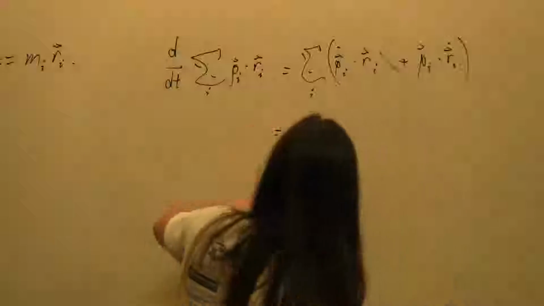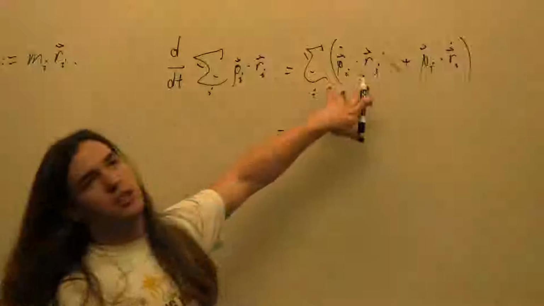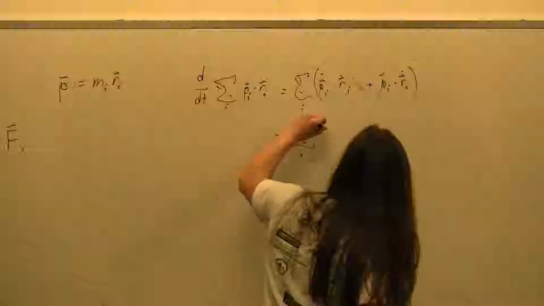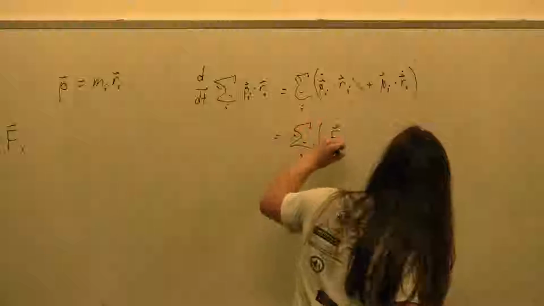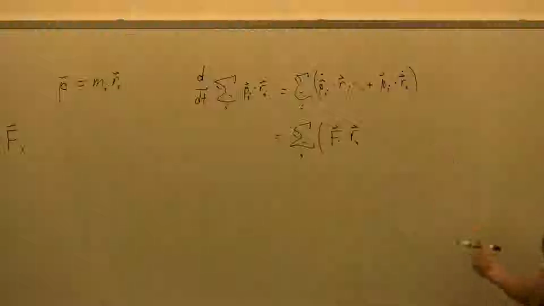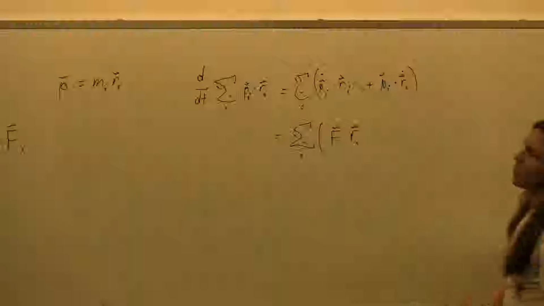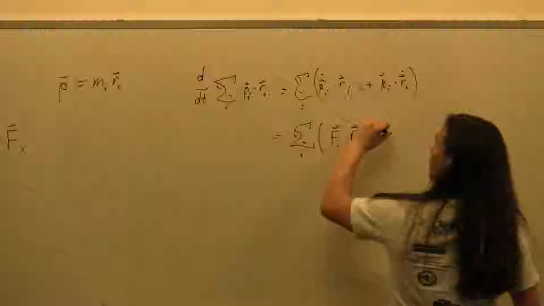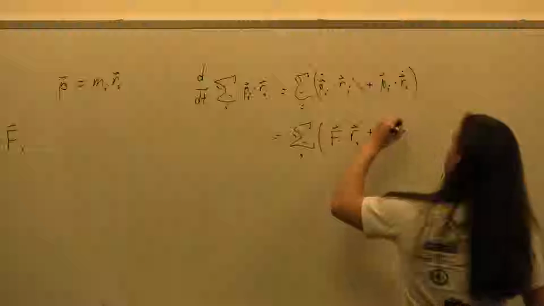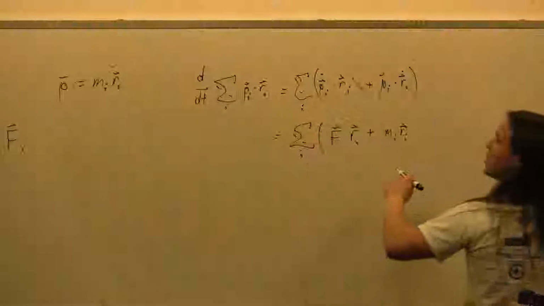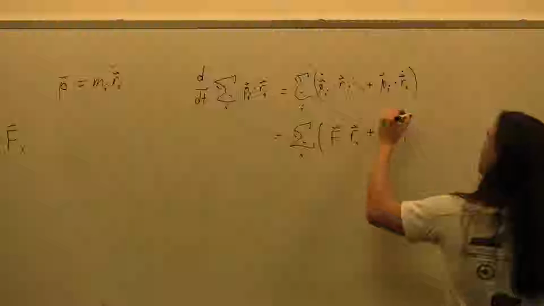And this can also be restated, because the time derivative of the momentum is equal to the force, so we can say that to be F_i dotted with r_i. And then this momentum can be expressed in terms of the mass and the velocity. Sorry, that's mass times velocity, not mass times the radius. That's a terrible mistake.